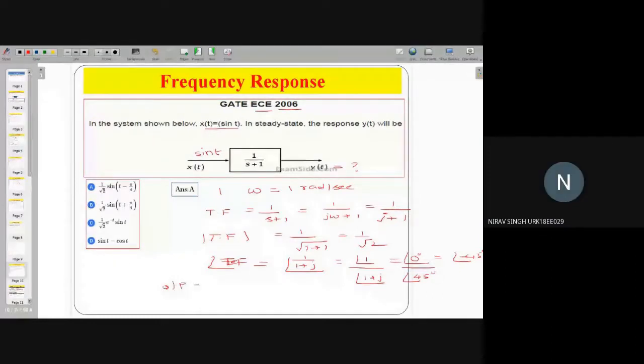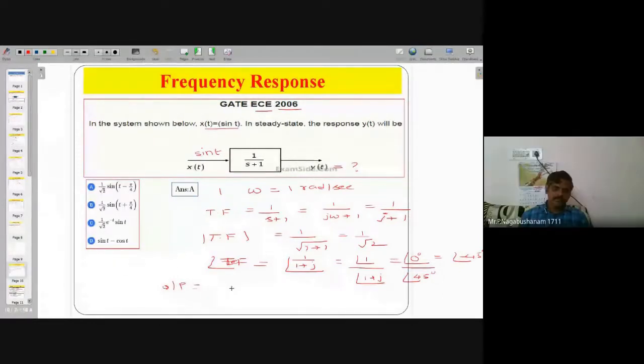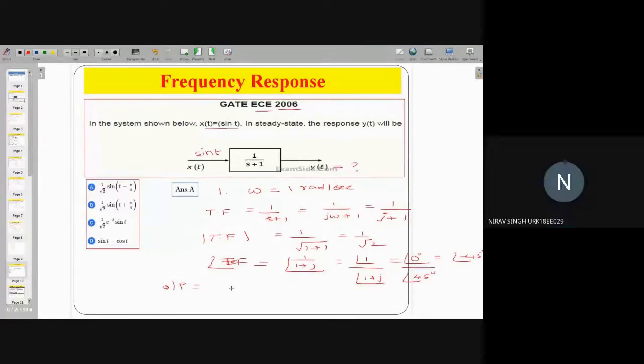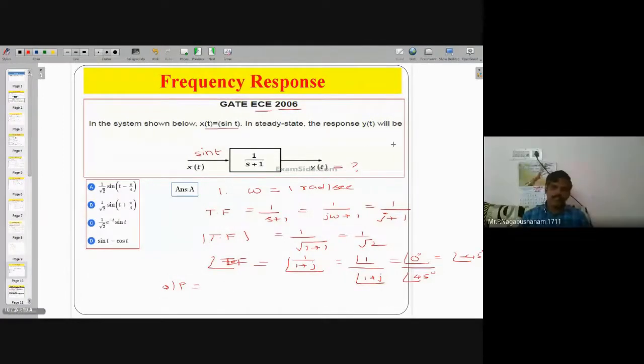Sir, one doubt, sir. Yes, please proceed. How do we calculate the phase angle for 1 plus j? For 1 plus j, phase angle equal to tan inverse of the imaginary part, the coefficient of j, which is 1, divided by the real part 1. So tan inverse 1.